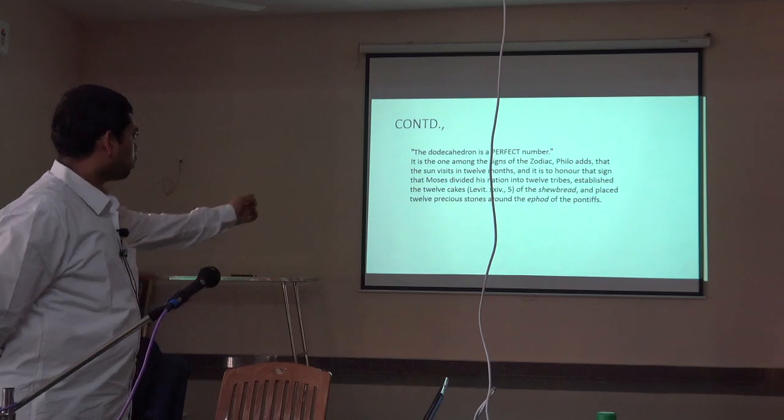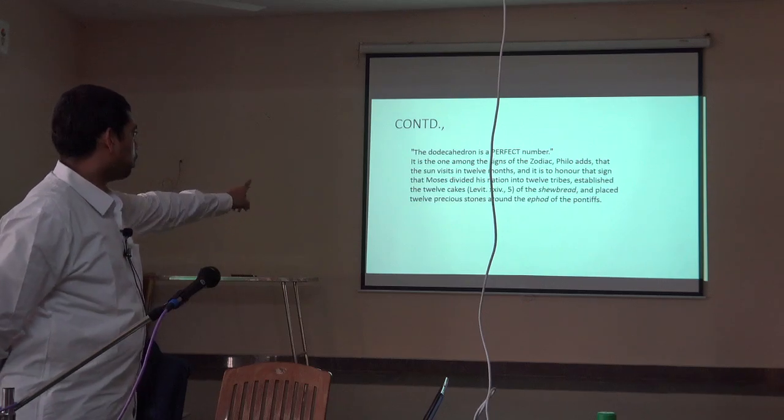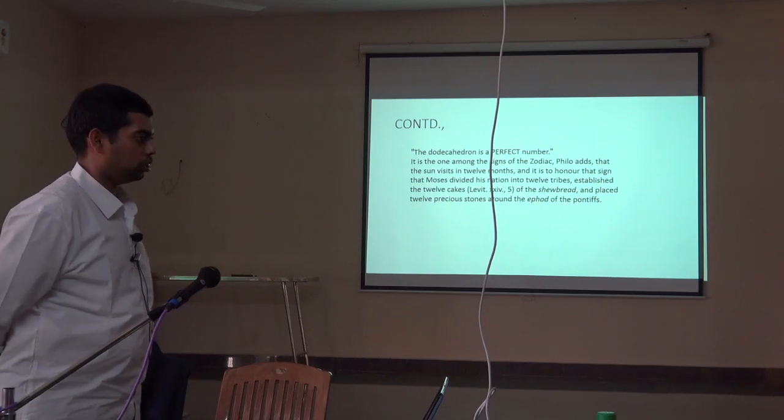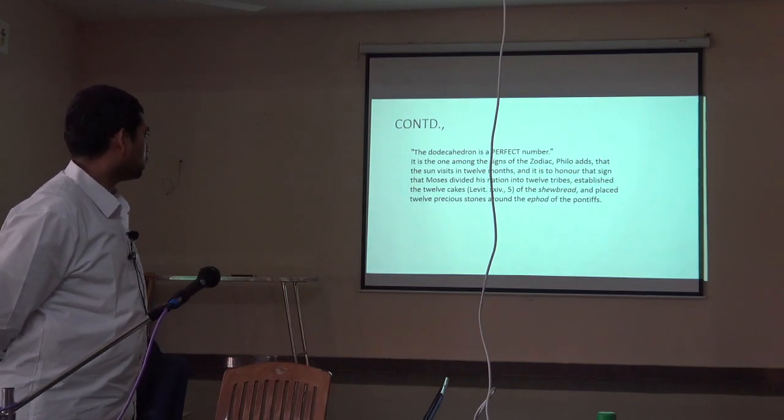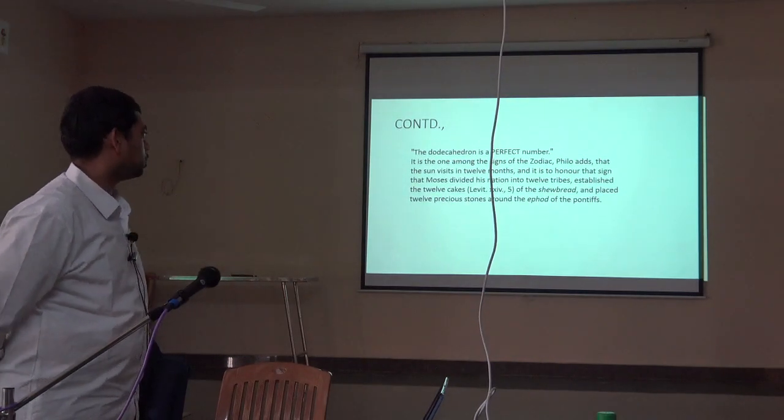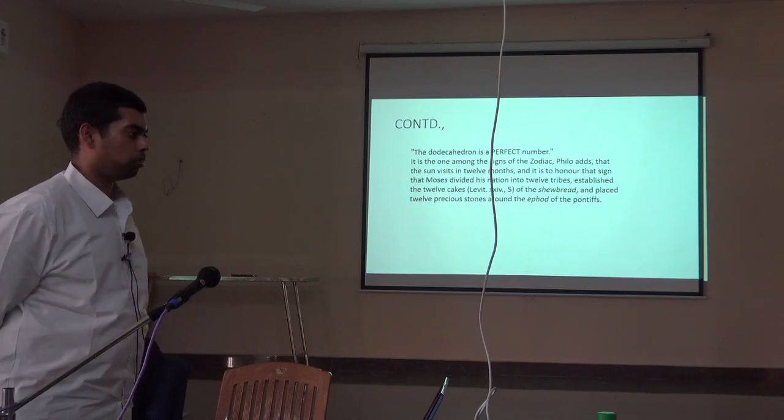And this is also from the Bible. He made 12 cakes of the shewbread and placed 12 precious stones around the ephod of the pontiffs.